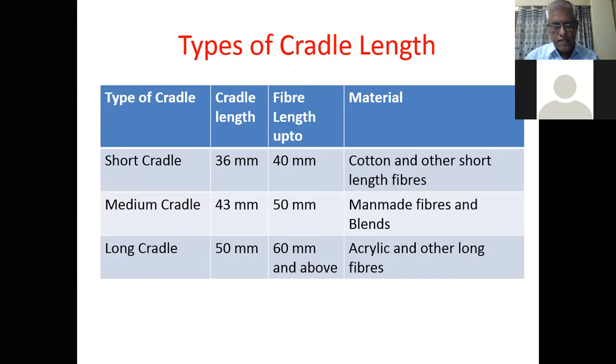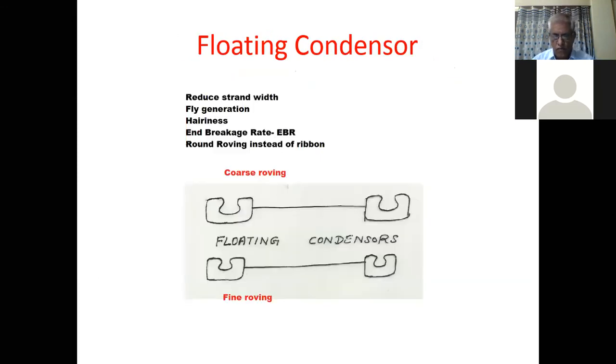And regarding this floating condenser, the floating condensers are of different types, of different colors. So this is the diagram showing two types of condensers for coarse roving and fine roving. The object of the condenser or floating condenser is to reduce the strand width, because their shape is made in such a way that, this is the shape, here the roving is passing.